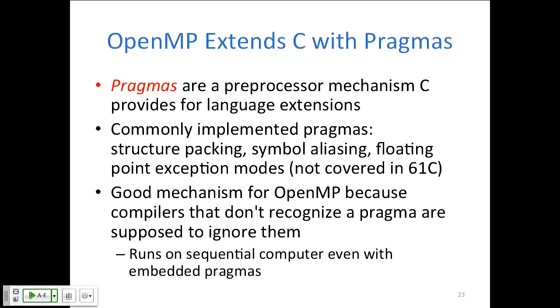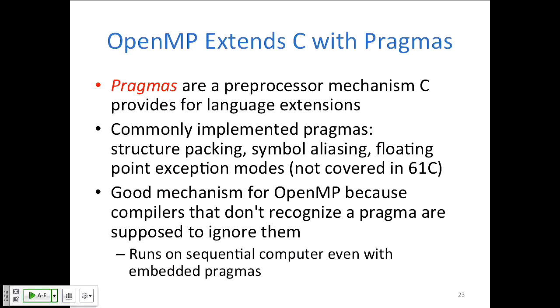So these annotations are written as what we call pragmas in the C source code. So in your C text file, you'll add these additional statements that are pragmas. And these are written with a hash sign or pound sign, hash pragma, because they look like preprocessor symbols. You remember hash include and those other preprocessor symbols? Well, pragma is another example of that. And pragma is used for many other things, like how structures are packed, how symbols are aliased, how floating point should be handled.